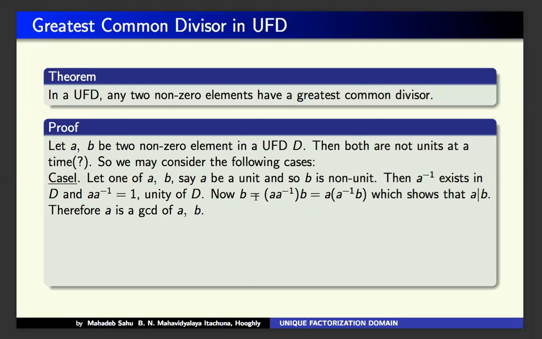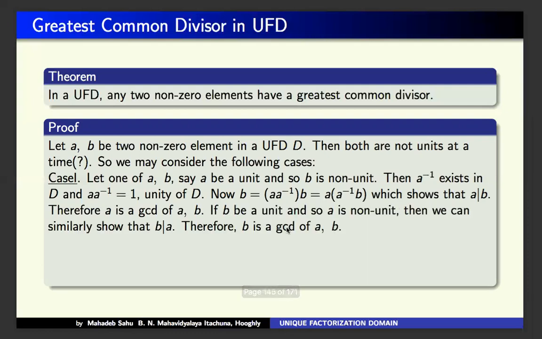This shows that A divides B, and therefore A is a GCD of A and B. If B is a unit and A is not a unit, then similarly we can show that B divides A. Therefore B divides A and B divides B also, so B is a common divisor of A and B. So we get a common divisor of A and B.